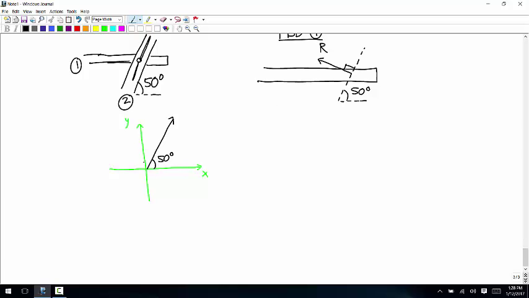And then that vector that's labeled R is 90 degrees from the first one. So to come up with a unit vector for this one, what's the angle? Well, from the positive x-axis, we go positive 50, and then we go another positive 90. So 50 plus 90 is 140.